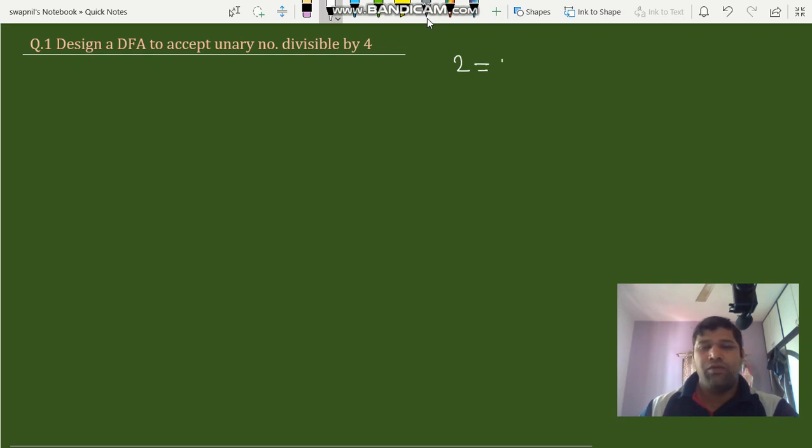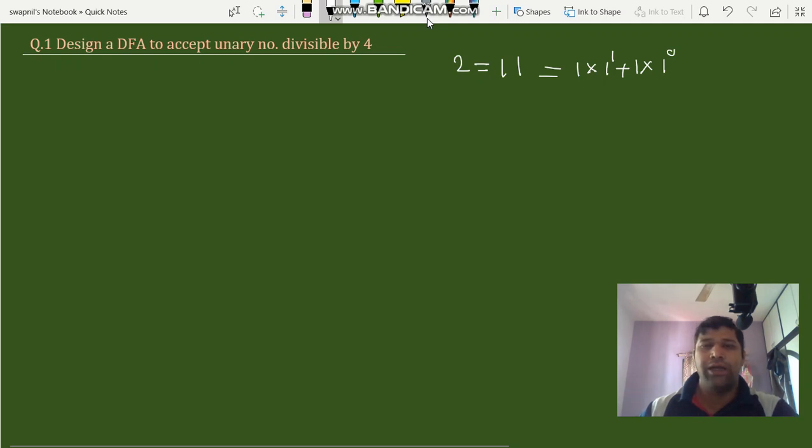as 1 1, and we count these 1s twice, and twice counting means it is 2. Or we can say its base is nothing but 1. So we'll calculate it like this: 1 into 1 raised to 1 plus 1 into 1 raised to 0.